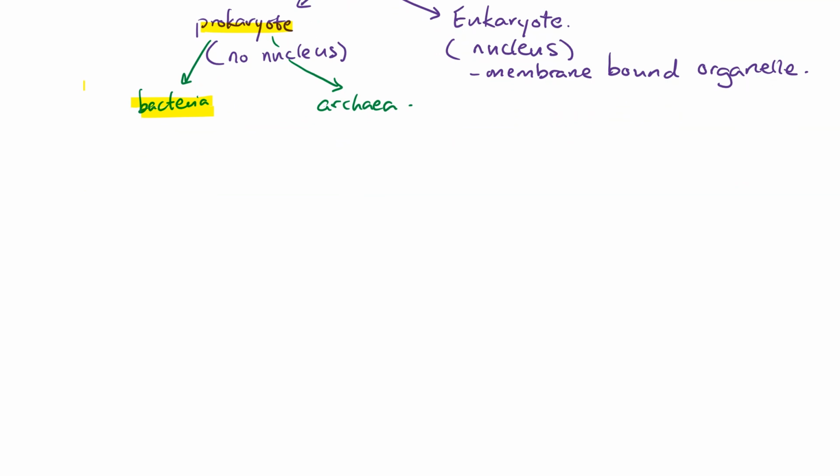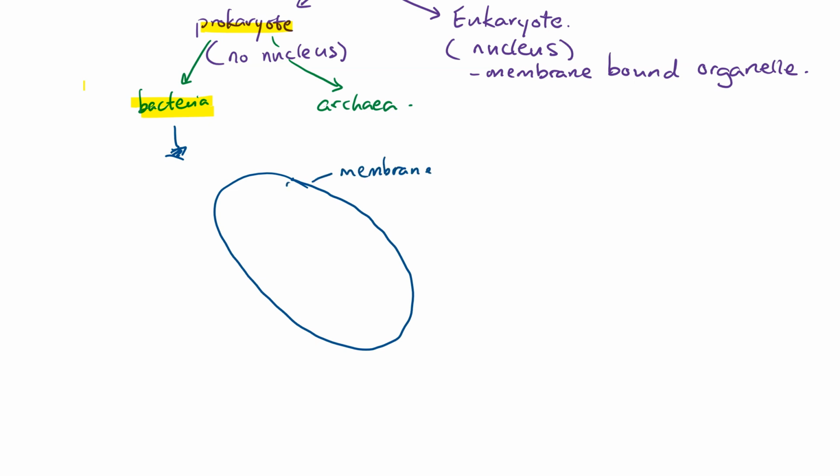So bacteria is a prokaryote, so we're going to draw a simple cell like this, which is made of cell membrane. And the purpose of the membrane is to enclose cytoplasm.